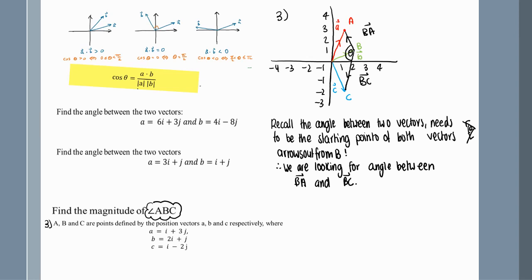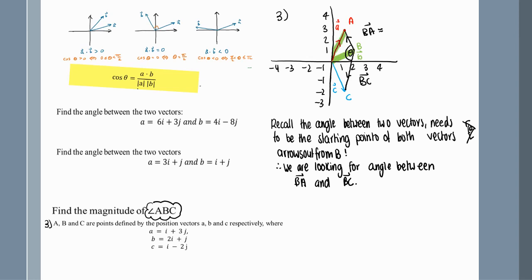Before we plug in the formula, let's figure out exactly what vector BA is and exactly what vector BC is. So remember, for vector BA, I'm starting at the point B, which is (2, 1), and ending up at the point A, which is (1, 3).